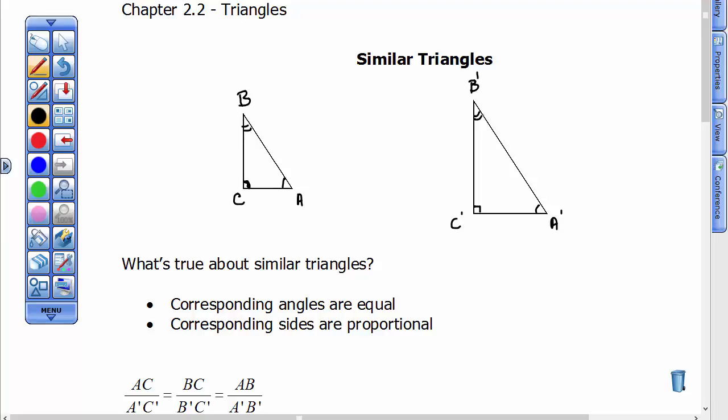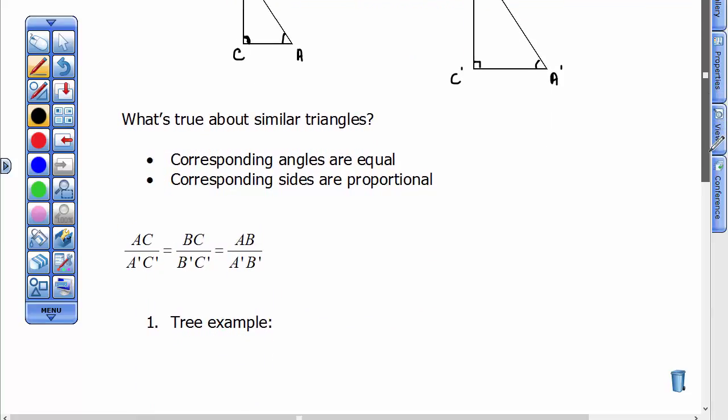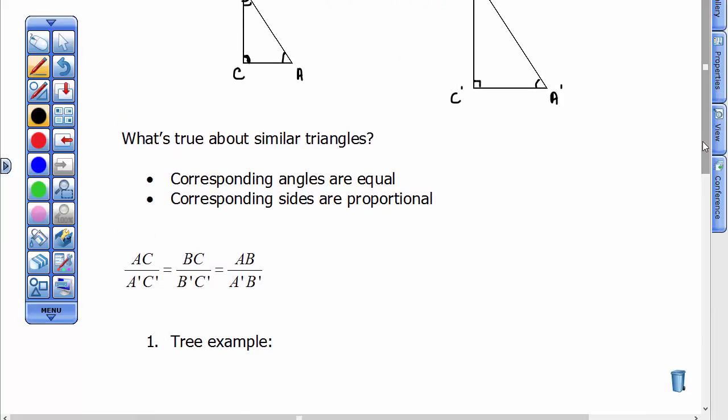But one of the things we know as mathematicians is that corresponding sides in similar triangles are proportional. So what I've written down here is that AC on the little triangle corresponds with A prime C prime on the big triangle.